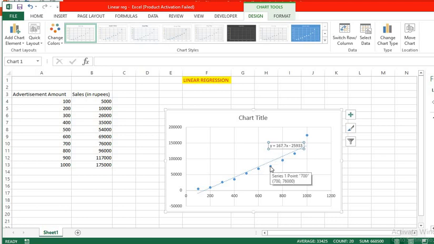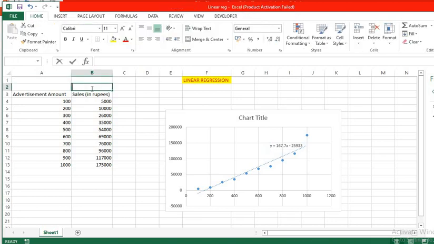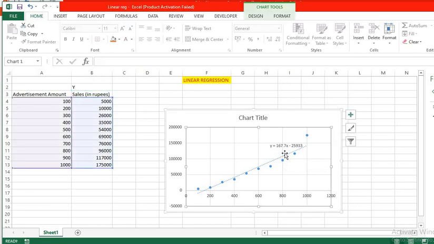This point represents the original data point, which is the original y. I am naming it as y. And this line we have created, which is the model we have created now, is represented by this equation.